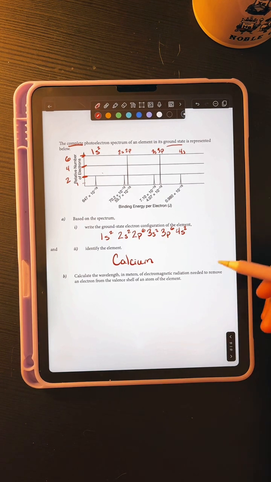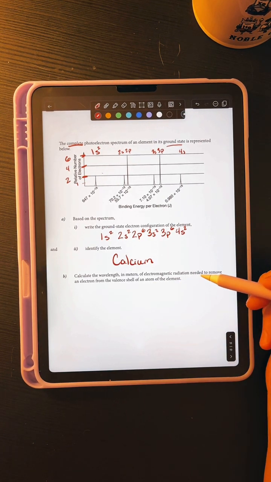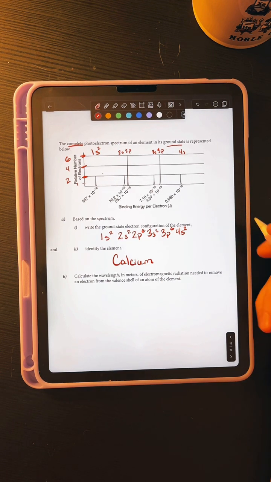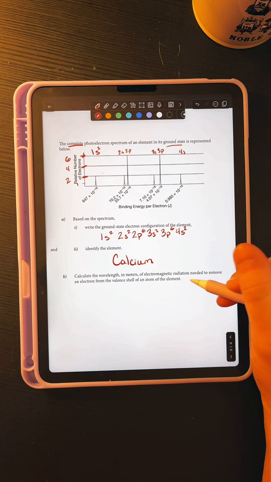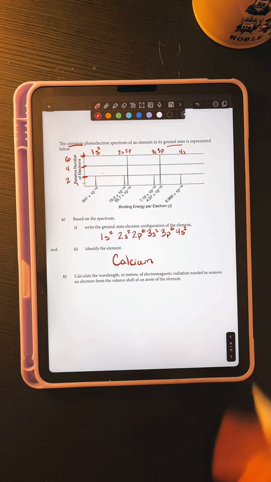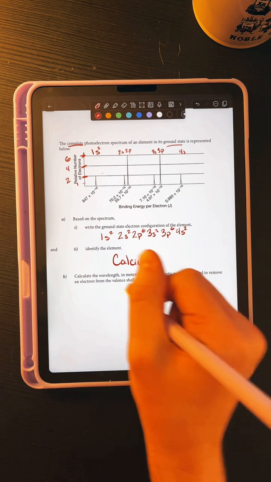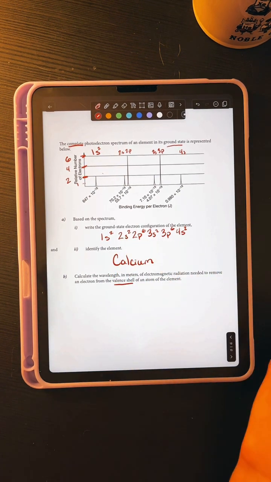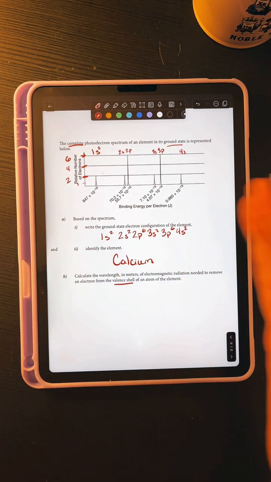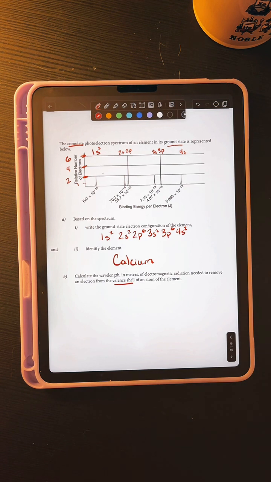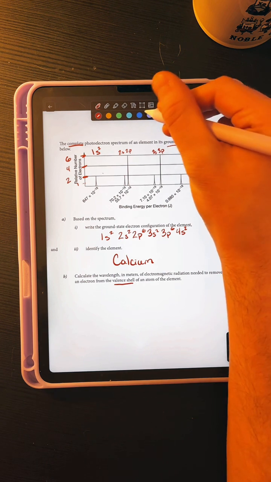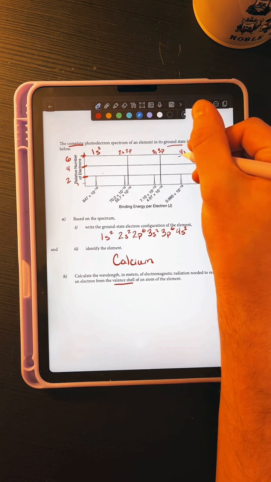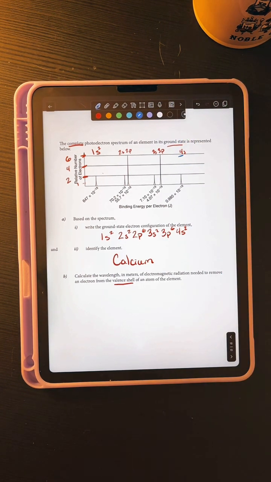Then it asks us to calculate the wavelength in meters of electromagnetic radiation needed to remove an electron from the valence shell of an atom of the element. So we're talking about the valence shell. Now, the valence shell is the outermost layer of electrons. We can always figure that out based on the number.